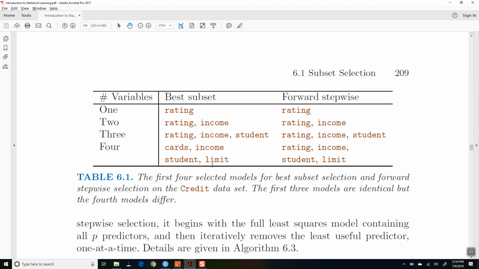And you would miss this with forward stepwise selection, because once you've selected something, it's locked in. It's possible that with more variables, something you thought was important earlier is no longer important.